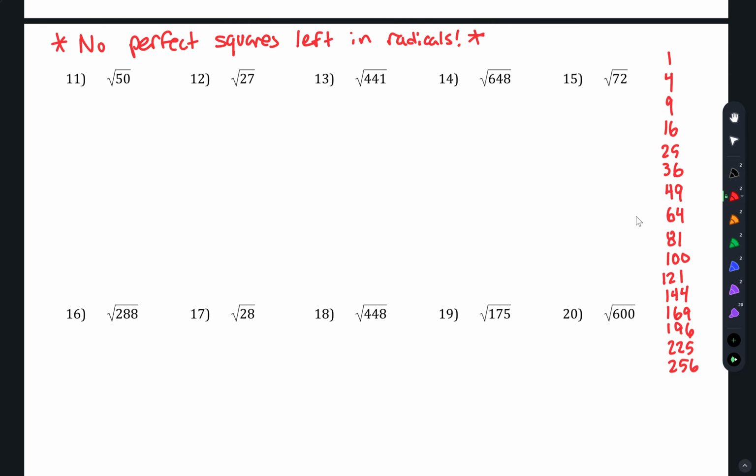I'm going to look at number 13 first. 13, big number, 441. That means I could try all of these in there. You probably want your calculator for this. We're going to take 441. I'm going to divide it by 256, 225, 196, until I get one that comes out evenly. Somebody find me the first one that comes out evenly for that number.